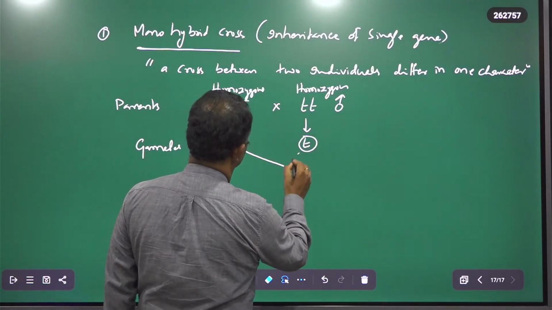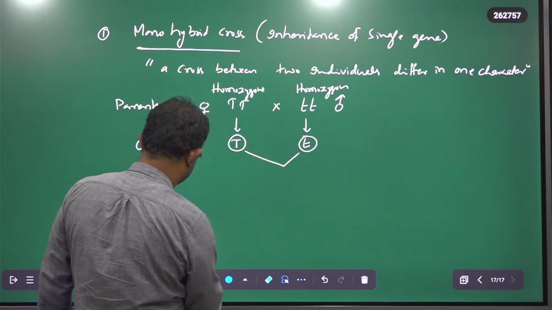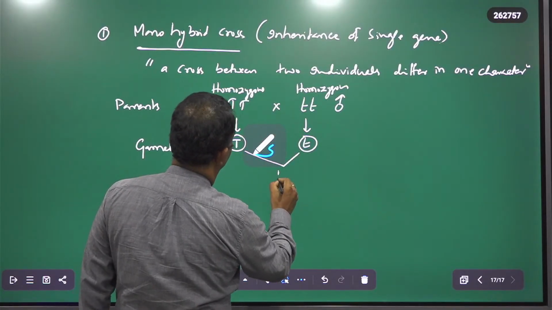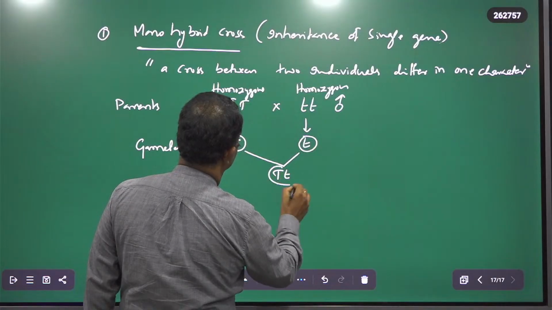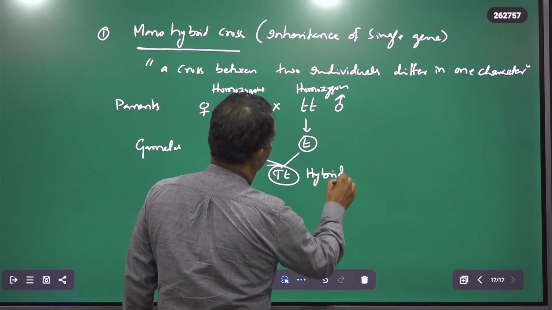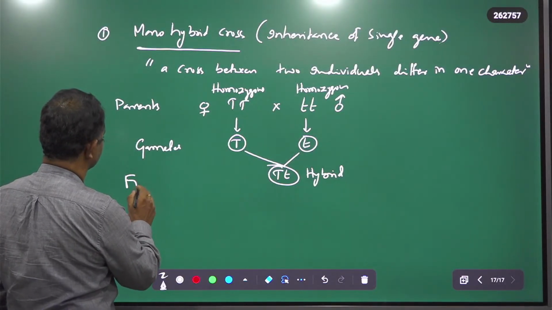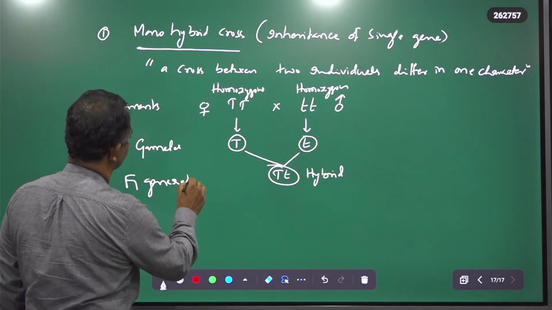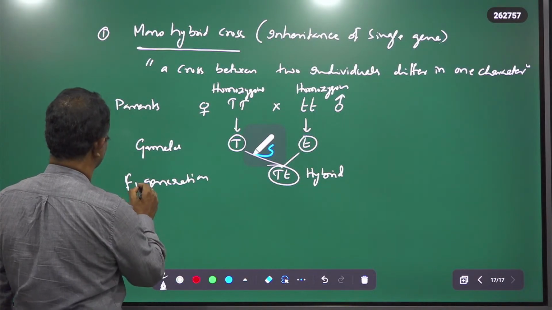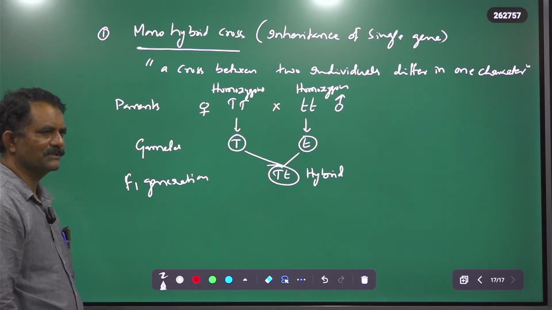In the first generation, if we make a cross between these two, we get capital T, small t, the hybrid, a heterozygous plant: the F1 generation, the first filial generation, the first progeny generation.